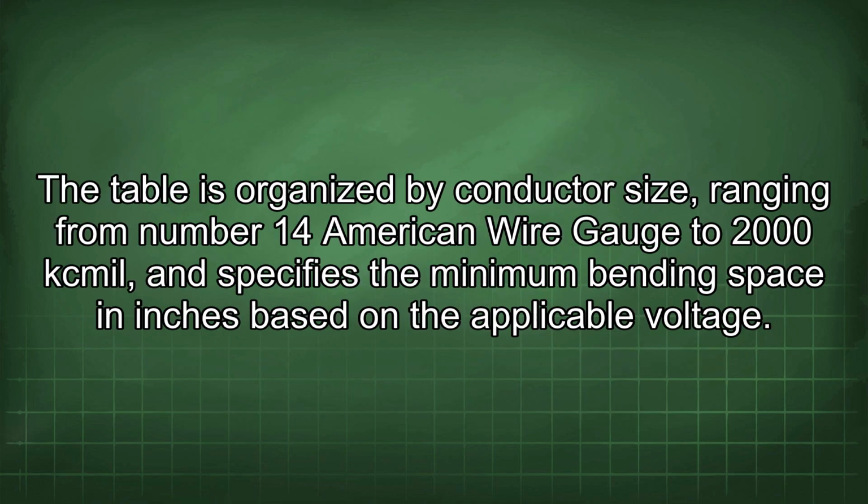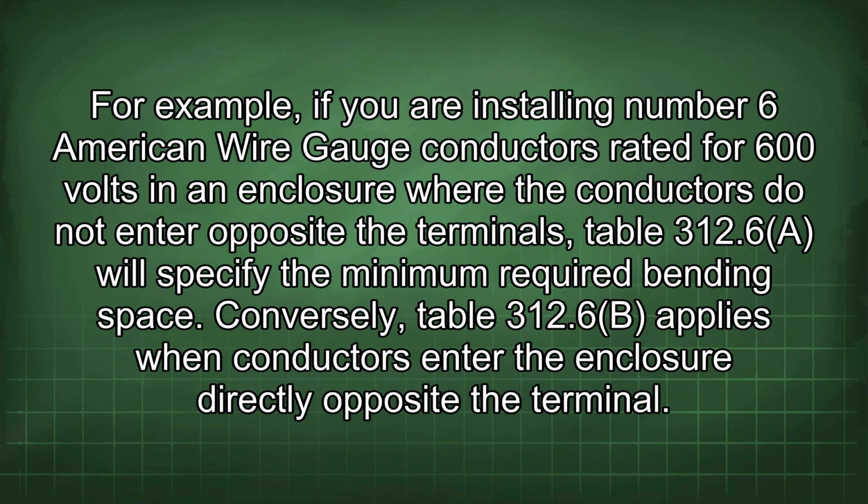The table is organized by conductor size, ranging from number 14 American wire gauge to 2000 kcmil, and specifies the minimum bending space in inches based on the applicable voltage. For example, if you are installing number 6 American wire gauge conductors rated for 600 volts in an enclosure where the conductors do not enter opposite the terminals, Table 312.6(A) will specify the minimum required bending space.